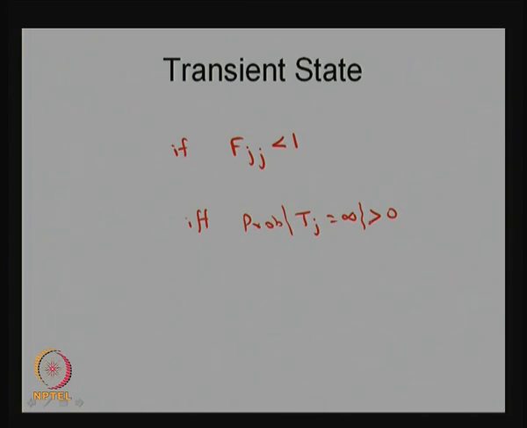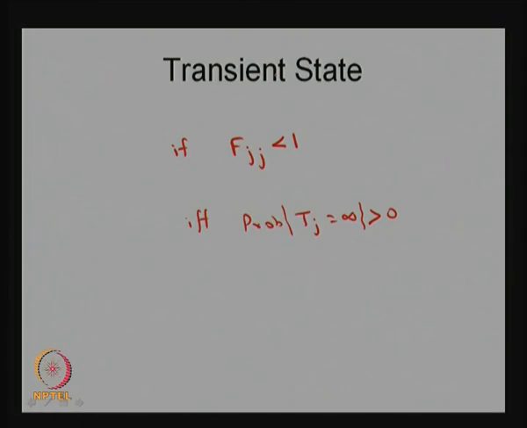Sorry, I made a mistake earlier. If the probability that the first passage return time is infinity is greater than 0, that means there is a possibility that the system takes an infinite amount of time to return to the state j. If that event has positive probability, then that state is a transient state. So there are two ways you can conclude the given state is transient: either fjj is less than 1, or the probability of Tj equal to infinity is greater than 0.